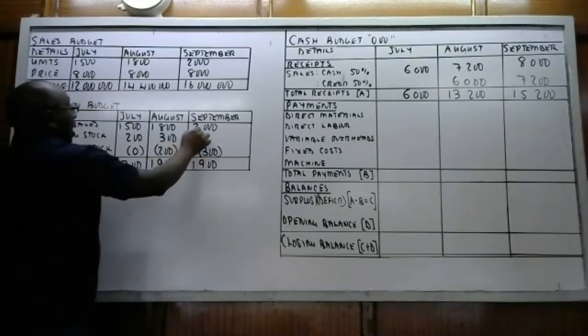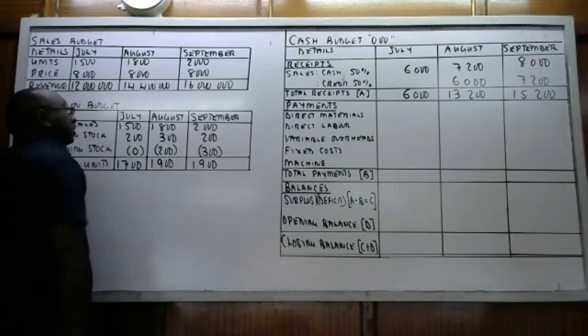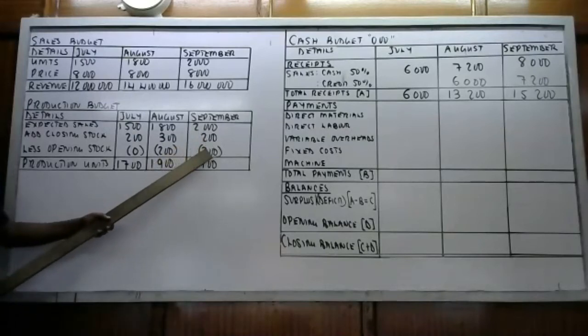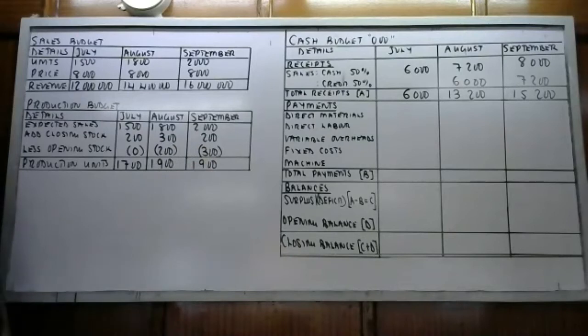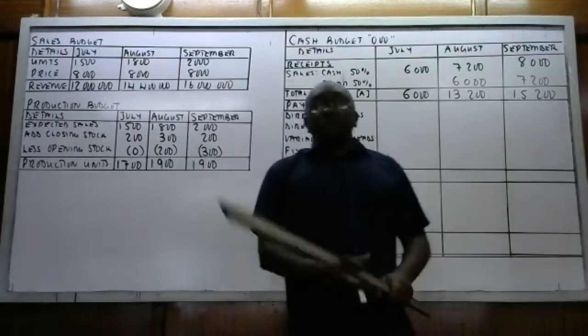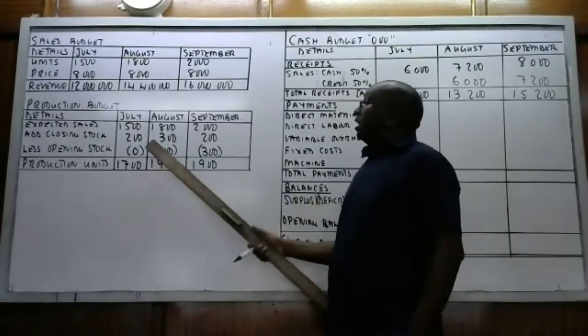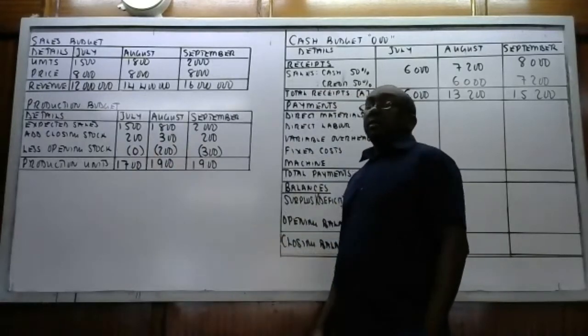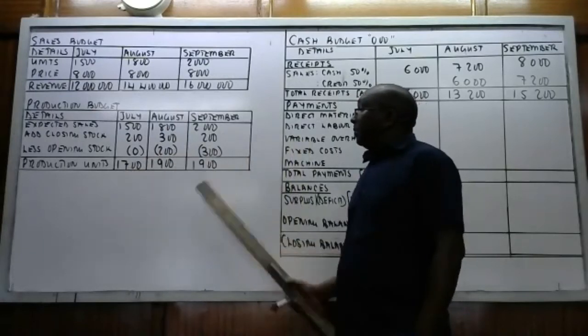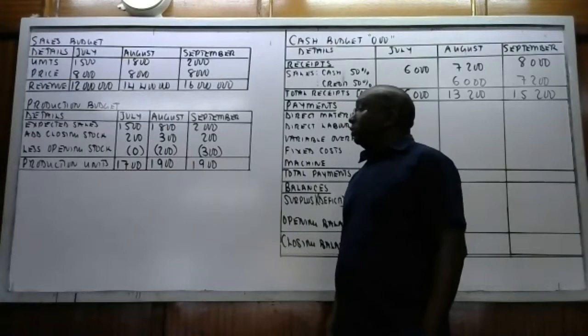So this must have been a closing of 200. So that's 2,000 plus 200 minus 300 gives us 1,900. So this question you could still have solved without the production budget, because all we need are these units. But I wanted you to remember how to make that.